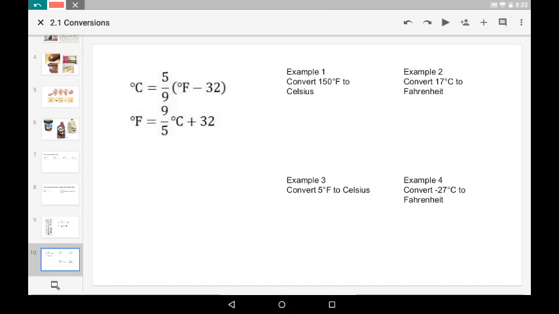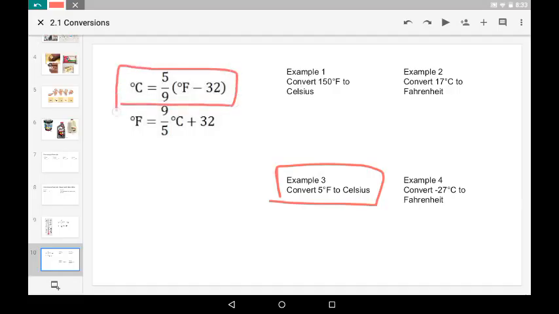Now you can have negative numbers in this because we're talking about temperature. So temperature, anything that's a freezing temperature, will be below 0 Celsius or below 32 Fahrenheit. Example number 3, we're converting 5 degrees Fahrenheit to Celsius. Use this equation, plug in your numbers. 5 over 9, 5 minus 32.